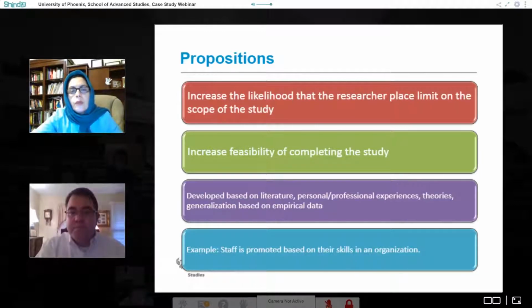The proposition that I mentioned we need to have at the beginning basically helps the researcher limit the scope of the study. When we just start with a research question and don't add any proposition, we are kind of in free land, right? We can just explore, which is fine, but it's harder to manage the study.